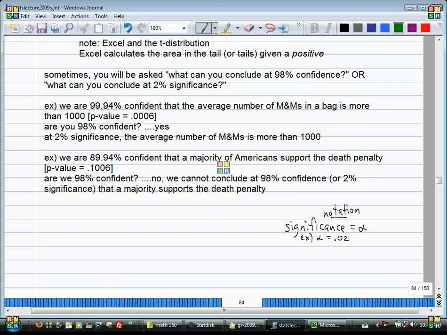Anytime you see the phrase critical value, skip it. Don't even ask me what this means, because I'm not going to explain it to you. I have tried, it becomes very confusing. Use this method and you'll be able to answer all the questions.